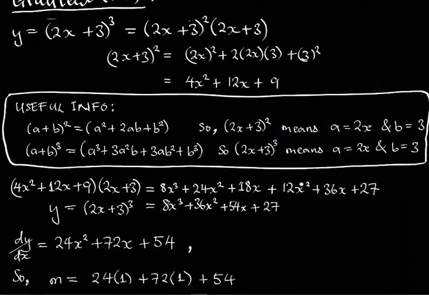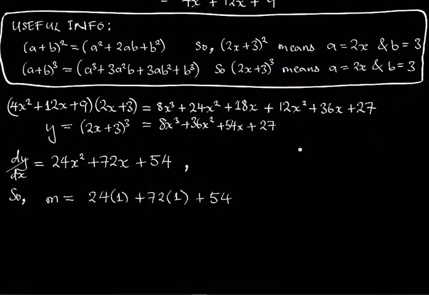Yeah, x was negative 1. Let's correct this. So we have 24 negative 1, okay, 72 negative 1 plus 54.